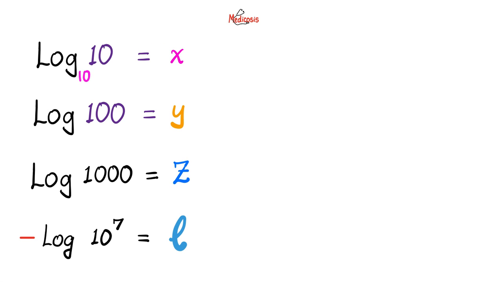Look at the base and write the base like this: 10 power x, x becomes the exponent, equals whatever is in front of the log. Now ask yourself this very basic question, no pun intended. 10 power what will give you 10? 1, of course. So x equals 1.